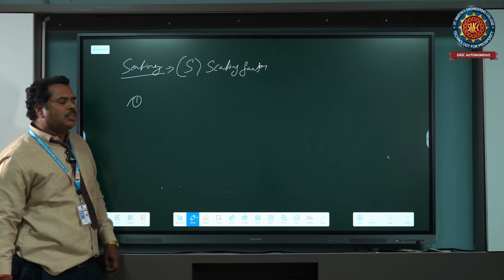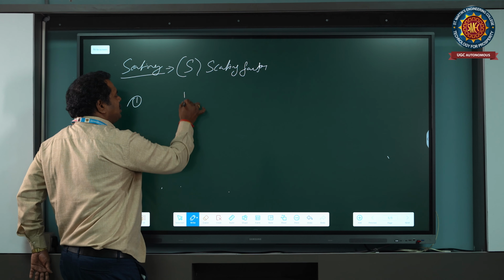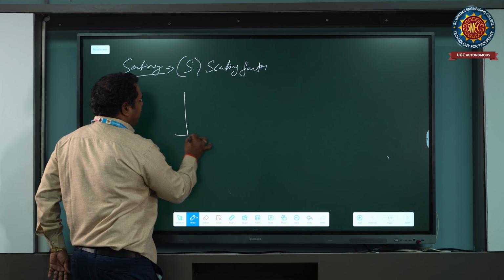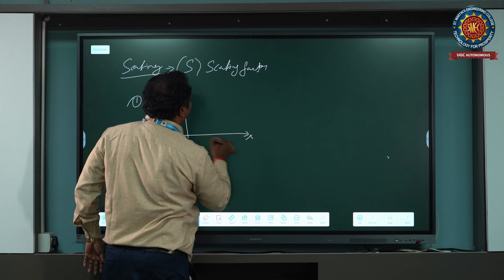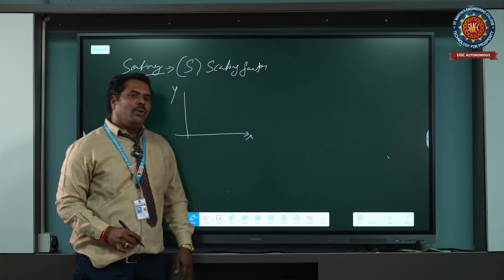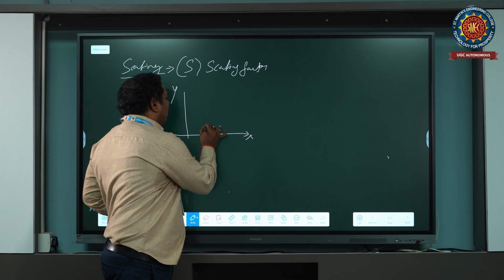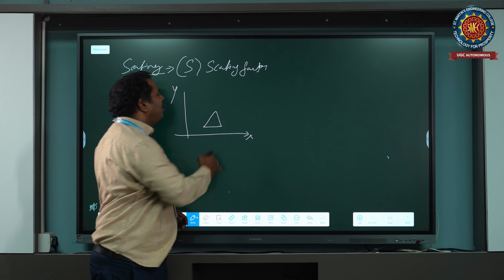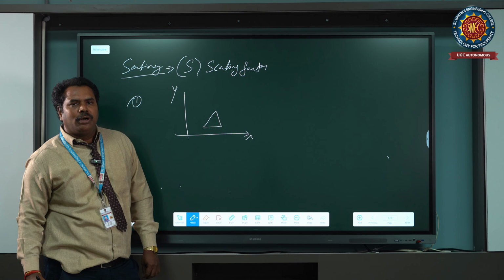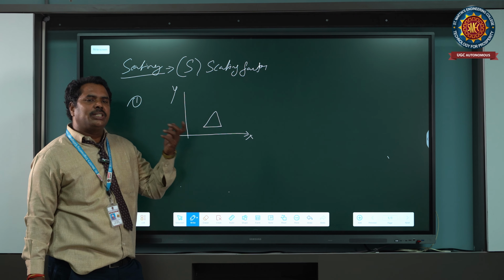First, initially, if you are assuming one line, you are discussing only the x coordinate value and y coordinate value. Initially, I am taking an object, and it is the original size of an object. I want to increase the size of an object.